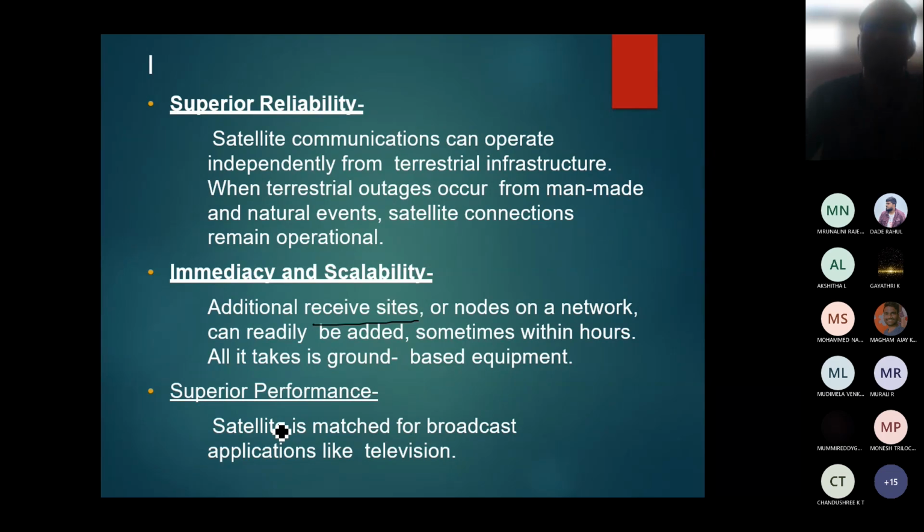Since the satellites are geostationary Earth orbit satellites, at an elevation angle of 60 degrees, we can make reliable communication possible between the ground station and the satellite. Okay, and the number of ground stations we can increase day by day.